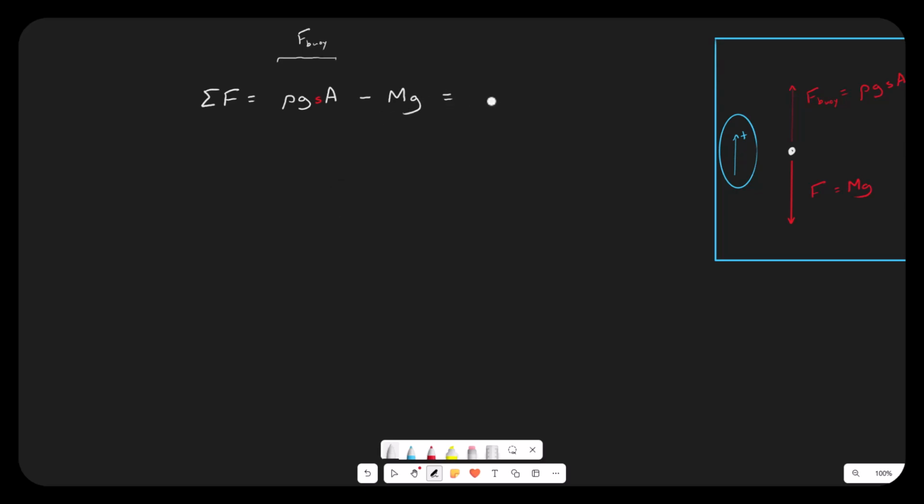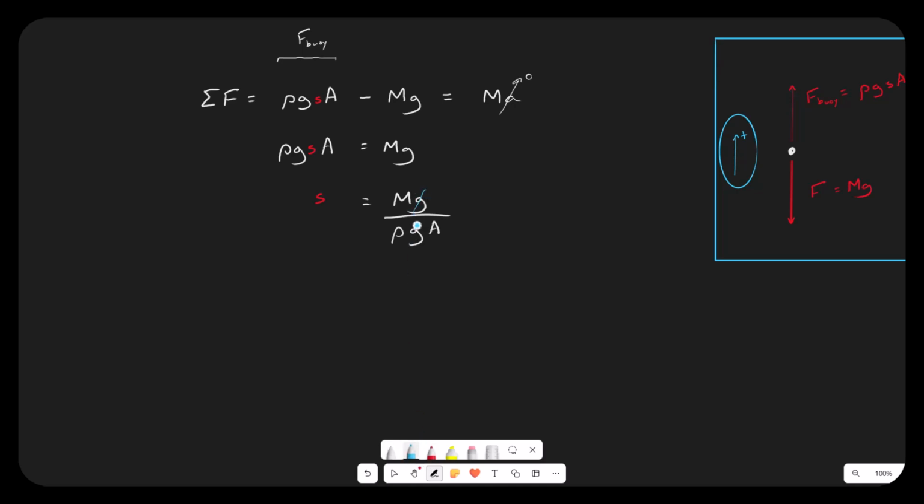And that's going to be equal to mass times acceleration, which if I am in equilibrium is going to be 0. So then I have rho g S A equals mg. And if I am solving for how far in this thing sinks, I get this.